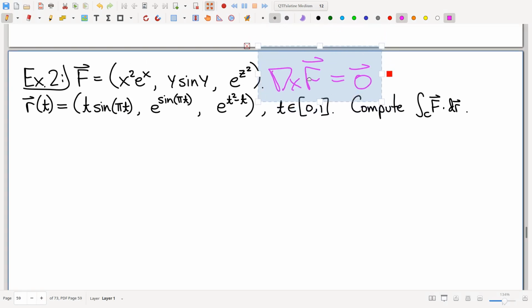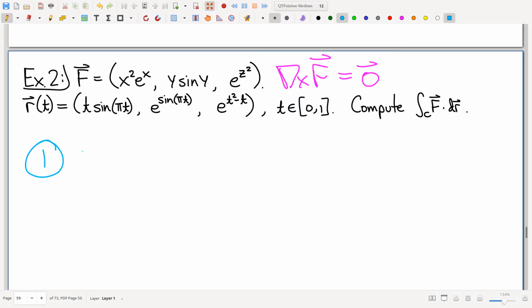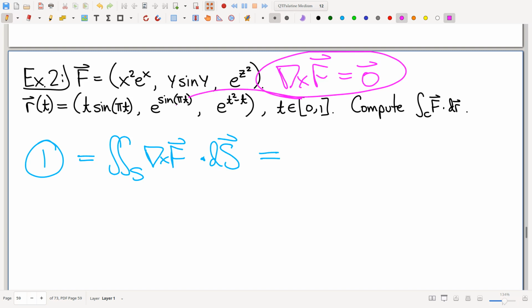Move this up here. Let's see here. So option 1, if I were to use Stokes' theorem, I'm going to have a flux through some surface of the curl of f dot dS vector, which is a flux of 0, which is therefore 0.